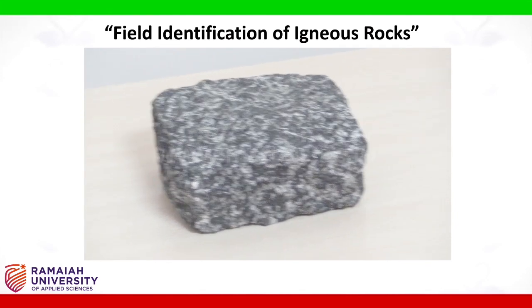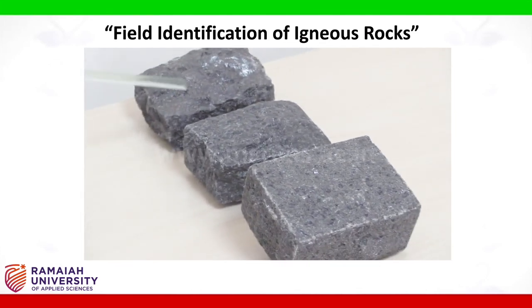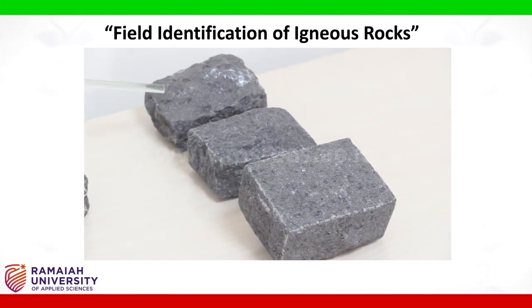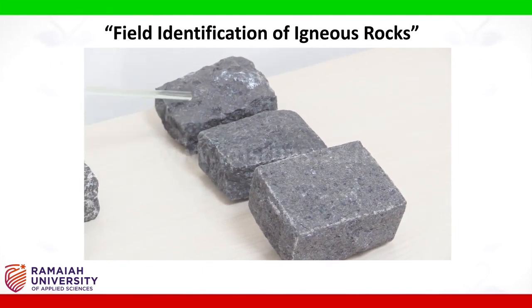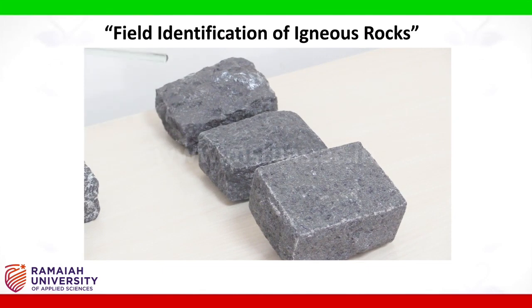The last one is the dark colored igneous rocks with very different grain sizes. Some are very coarse grained or medium grained, and composed essentially of pyroxenes and olivine, and quartz is invariably absent, or even if present, it will be less than 10%.